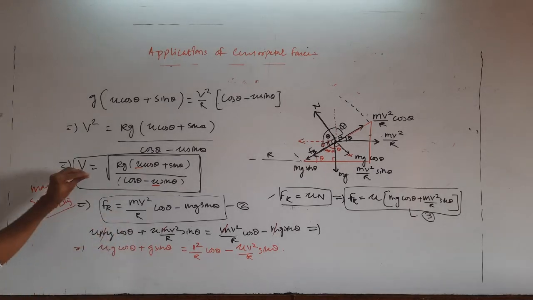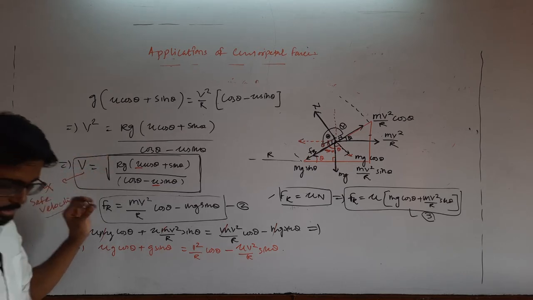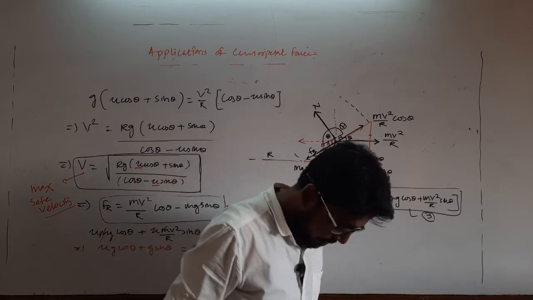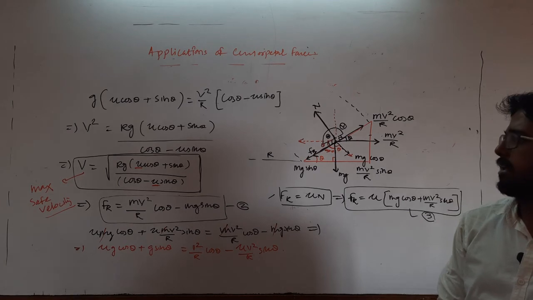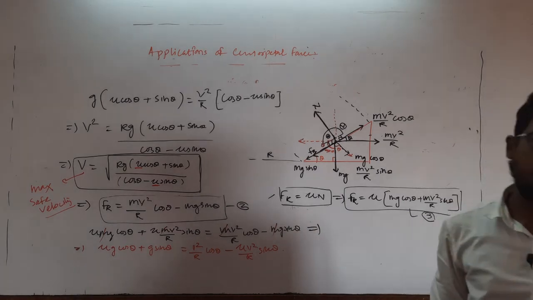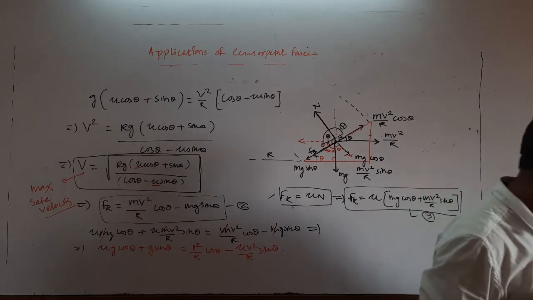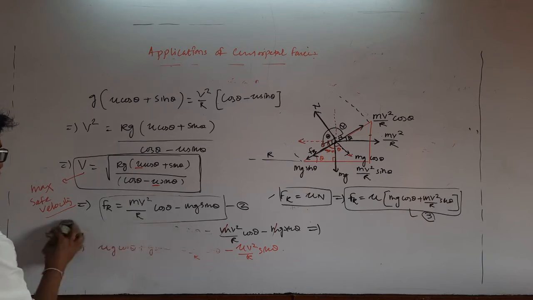Okay, clear? This is the condition when the vehicle is in equilibrium state and moving with the maximum safe velocity. Clear? So this is the expression for maximum safe velocity when the vehicle is moving on a banked circular track of radius r and having an inclination theta. Clear? So the next application we are going to discuss is bending of a cyclist.